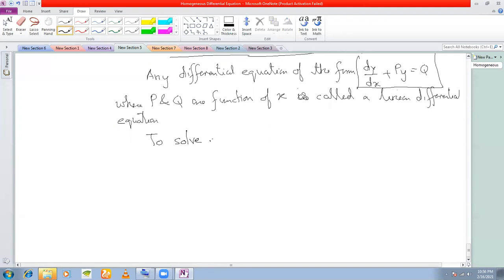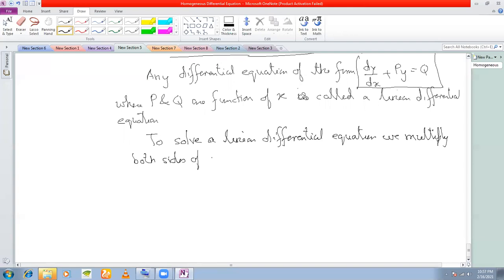To solve a linear differential equation, we multiply both sides of dy dx plus py is equal to q by the integrating factor.